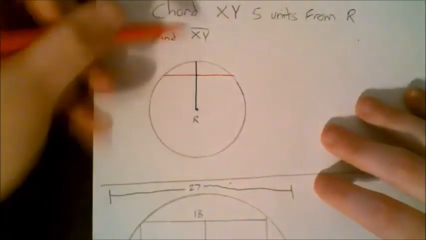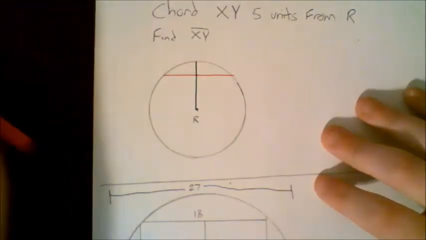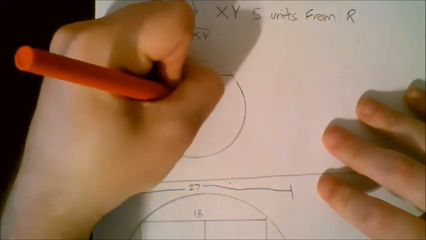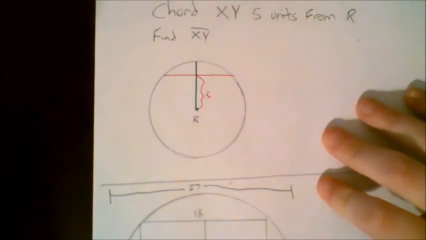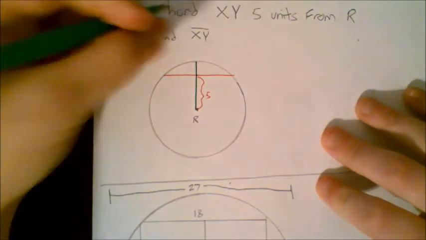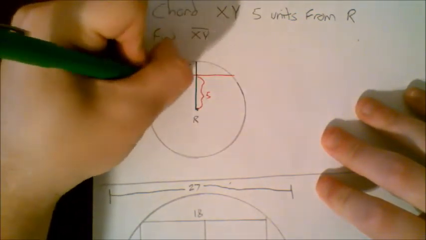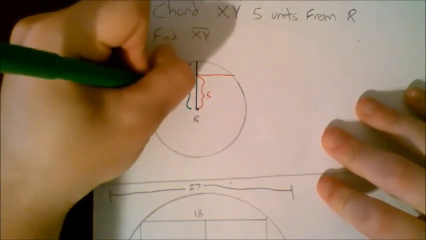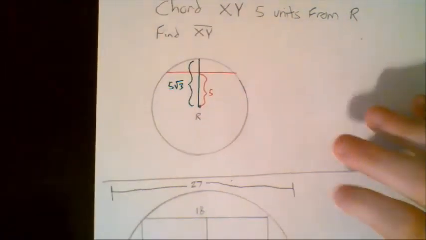We have our radius and we have our chord. We know that this distance right here is 5 units. We also know that this distance is 5 times the square root of 3.